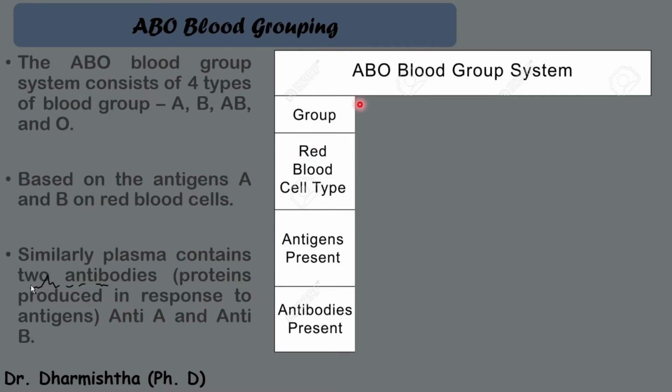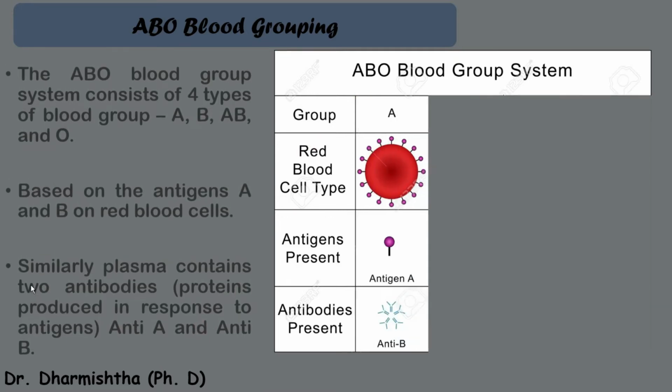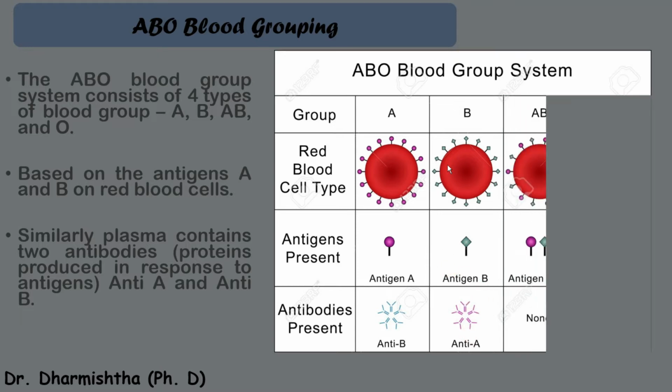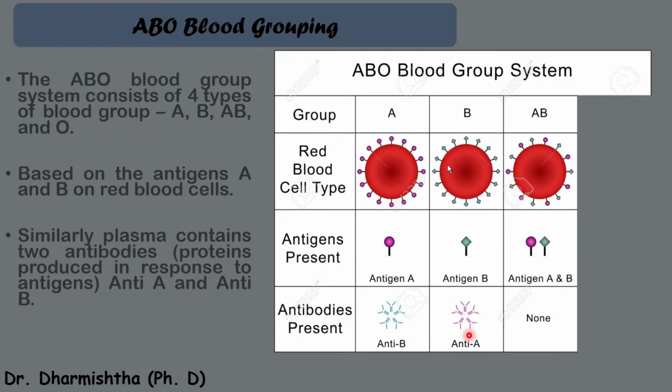With respect to the specific blood group, the A blood group has A antigen over the surface, and the opposite antibodies are present in the plasma. So those who have A antigen have antibodies B in the plasma. The B blood group has B antigen, while the plasma has antibodies A. In the AB blood group, both antigens are present, so none of the antibodies are there.